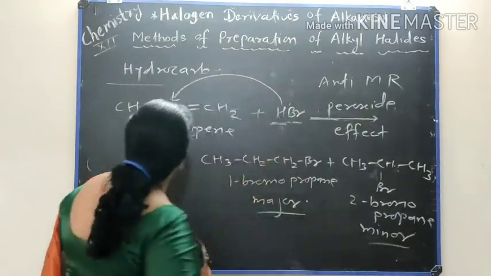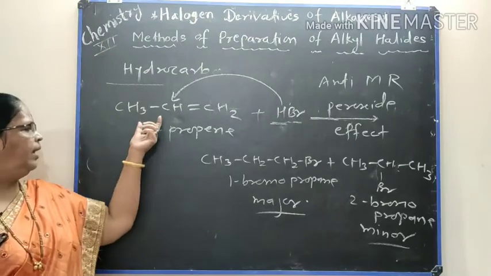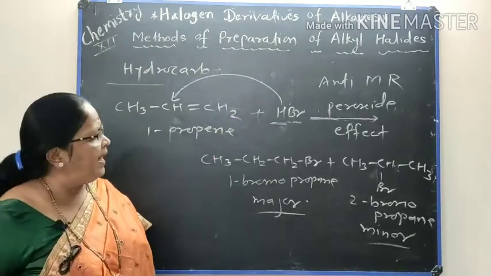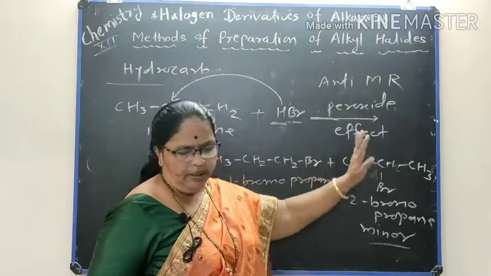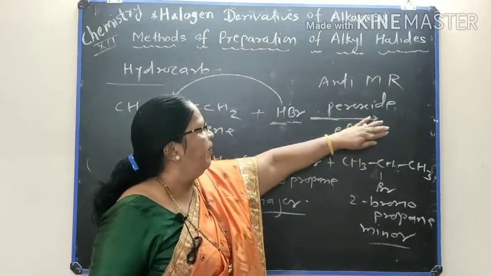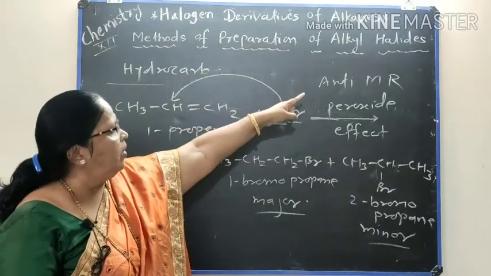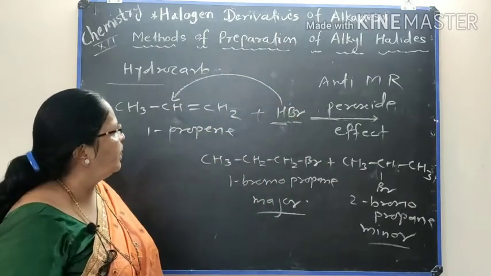Once again, when an unsymmetrical alkene such as 1-propene is treated with HBr in the presence of peroxide, the addition takes place according to the anti-Markovnikov's rule.